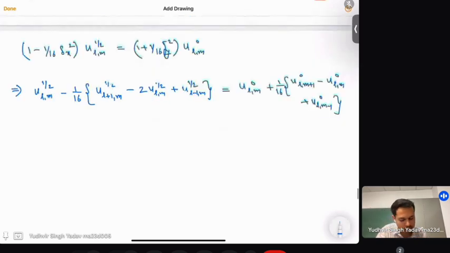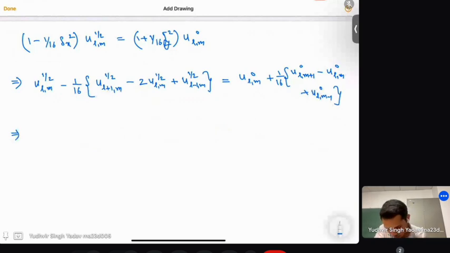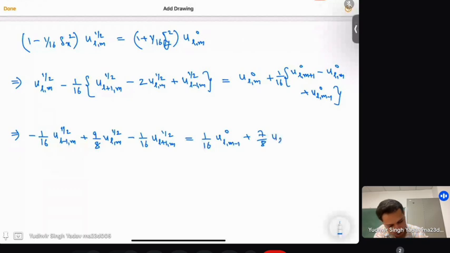So simplifying it further, taking the common terms together, we will get minus 1 by 16 u_l-1,m half plus 9 by 8 u_l,m half minus 1 by 16 u_l+1,m half equals to 1 by 16 u_l,m-1 0 plus 7 by 8 u_l,m 0 plus 1 by 16 u_l,m+1 0.